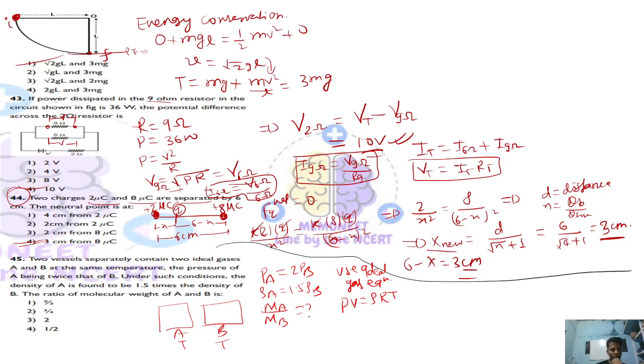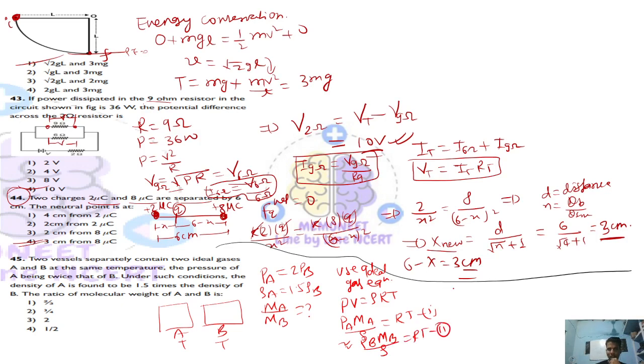So PV, in terms of density, is constant, and you can write it this way: for the first gas, P_A M_A upon rho equals RT. This is the equation for the first, and similarly for the second, P_B M_B upon rho equals RT.